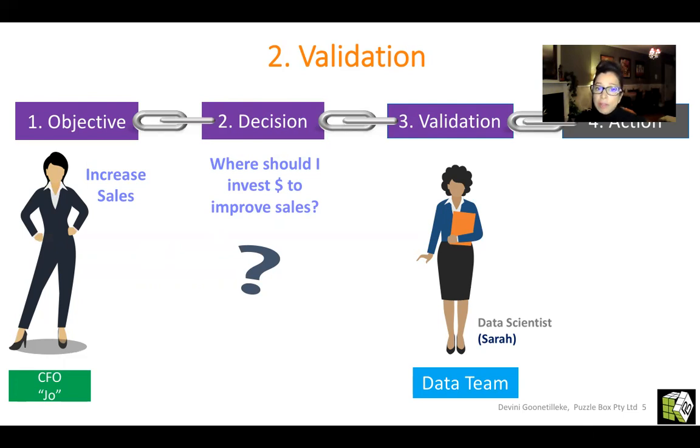She hasn't got a background in sales and what the sales people do to make this decision. So she will always want that decision to be validated by data, and data provides her with the evidence to assure her of the decision she's making. So what does she do? She goes to the data team and sees her data scientist, who is Sarah.